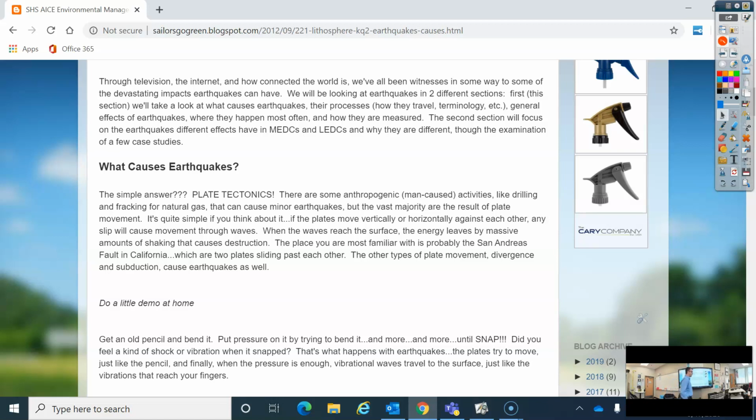So I'm going to grab a pencil real quick, an old pencil, right? If you have one at home, it's a good demo to do. Just kind of feel what we're talking about here. If you've got some kind of wave movement in terms of the slippage, in terms of something breaking, you're going to be able to feel it.